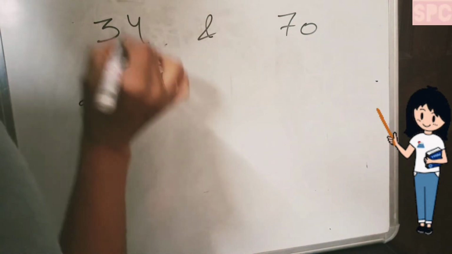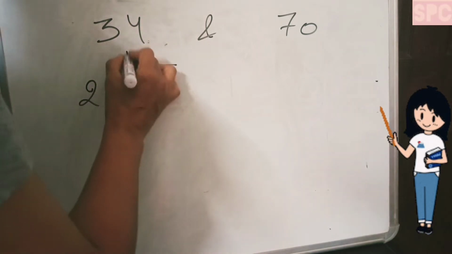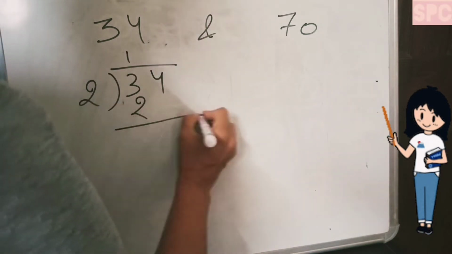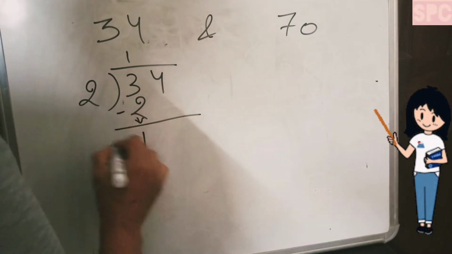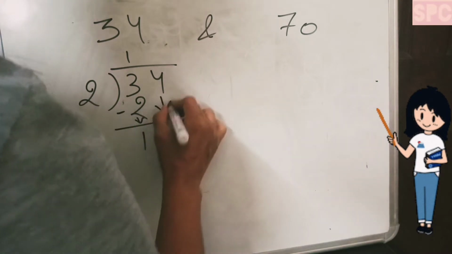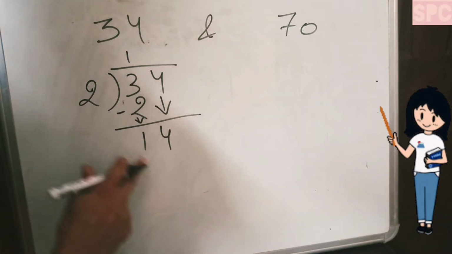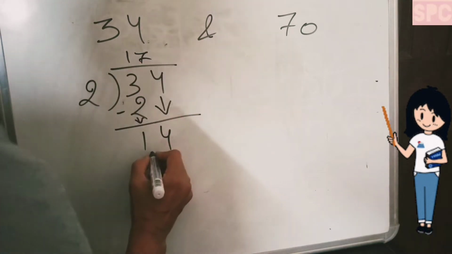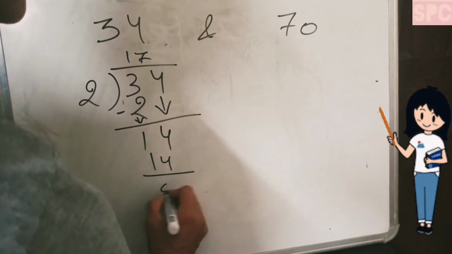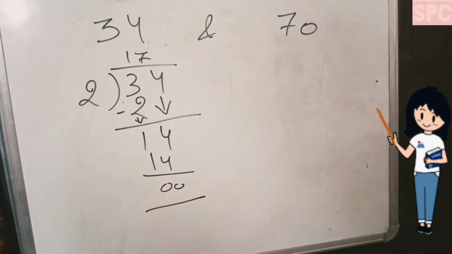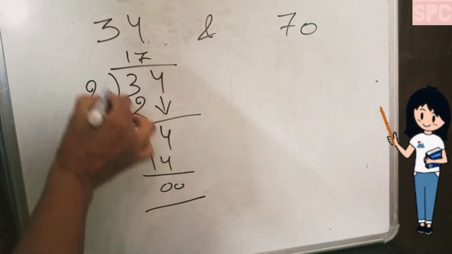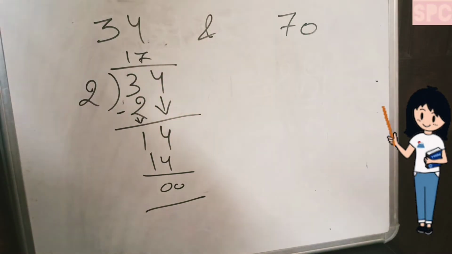34 divided by 2. So 2 ones are 2, then the remainder will be 0 here, and then this 4 will come down. 4, 2 twos are 4. Sorry, 2 sevens are 14. So here as we can see we have got the remainder 0. So in that case this 34 is completely divisible by 2.